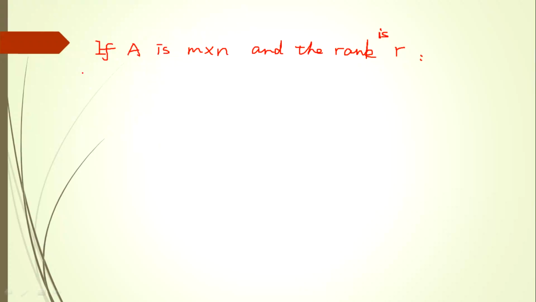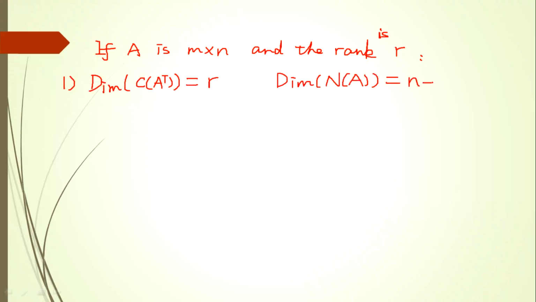First, the dimension of the row space, which is the A transpose column space, is r. And the dimension of the null space is n minus r, right? Because the rank is r, there will be n minus r special solutions, so the dimension is n minus r.